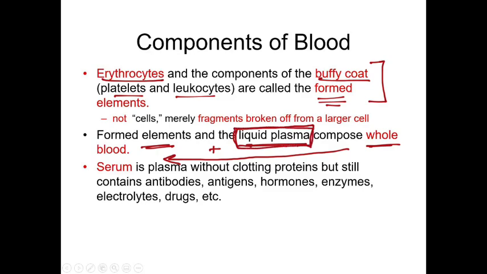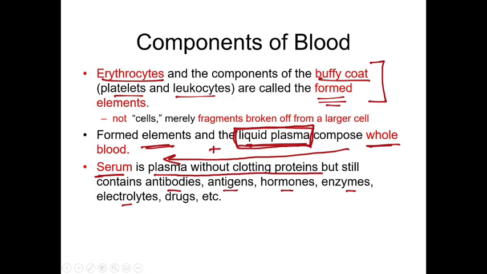Another term you probably heard about is serum. Serum is plasma without the clotting proteins, but it still has all of the other goodies found in the plasma. So it still has antibodies, antigens, hormones, enzymes, electrolytes. This plasma, when you go to the plasma center, is used for treating all sorts of medical conditions.